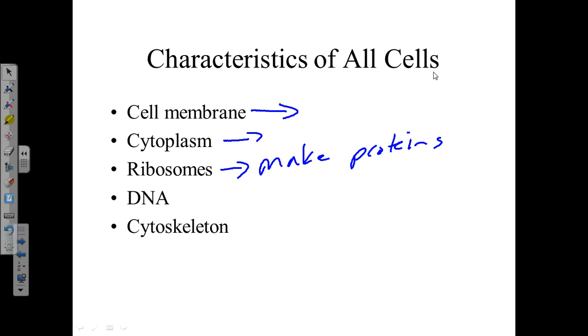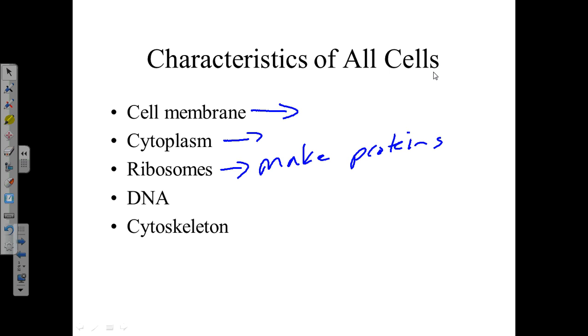And the same would go if you ate fish or whatever you ate. Some of that food that you ate is used to build you. The proteins that you have, the pieces for those proteins came from what you ate. That's important. So the ribosomes take the amino acids that you bring in through your food and put them together to build your own proteins.